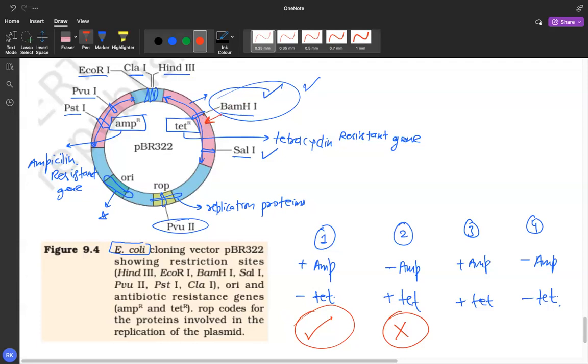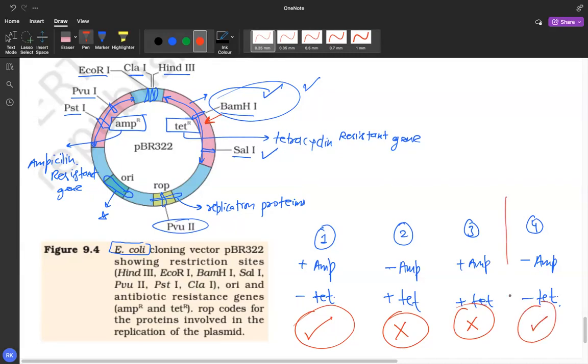So BAM H1 cleaves or cuts the tetracycline resistance gene and puts our gene in between, which makes the tetracycline resistant gene inactive. If both are present, then what will happen? It will die. Still it will die, because there is tetracycline and we don't have resistance against it. We only have resistance against ampicillin. And in case of the fourth, where no antibiotic is there, it will survive.